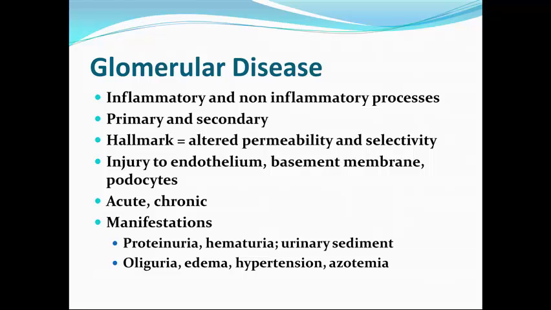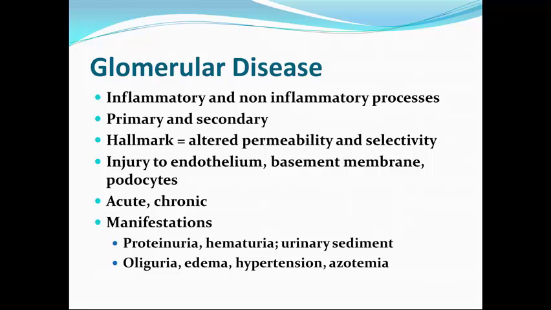A glomerular disease may be a primary disease where the disease actually affects the kidneys first, or it may be a secondary glomerular disease where the kidneys are being affected second, often a complication of another disease state or another disease process.